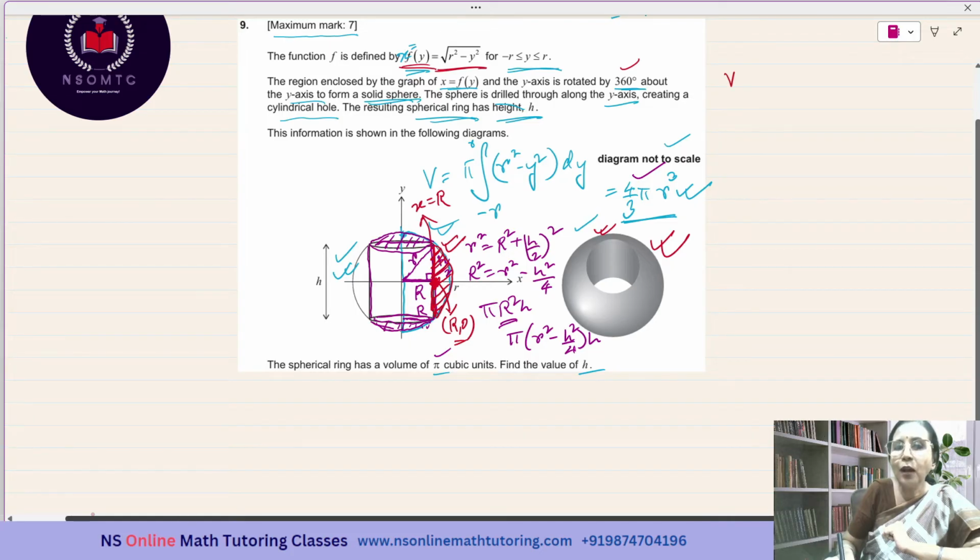The volume of this spherical ring will be equal to, I am taking the pi outside, you can keep it inside the integration sign as well, and I will come to the limits of integration a little later.